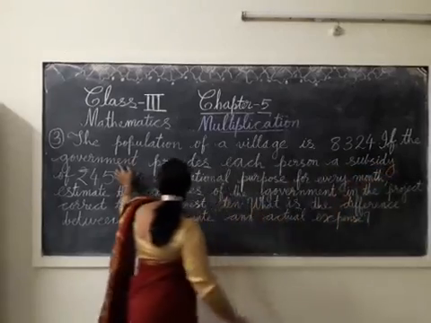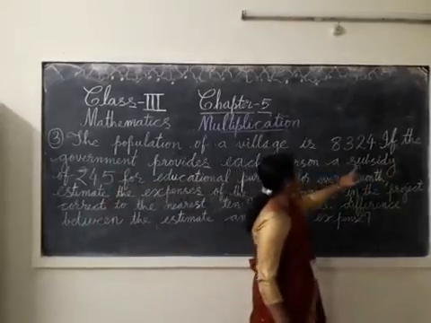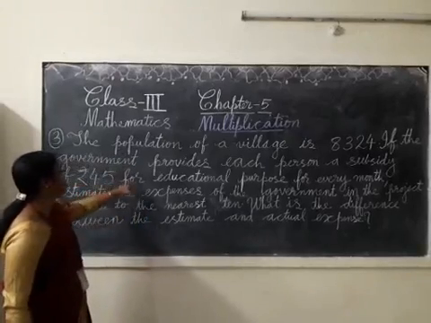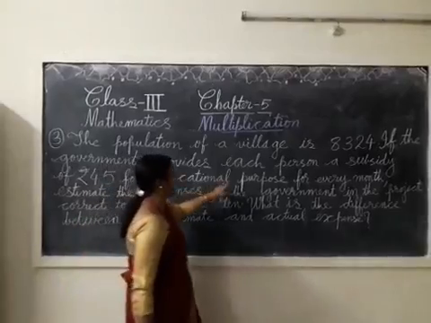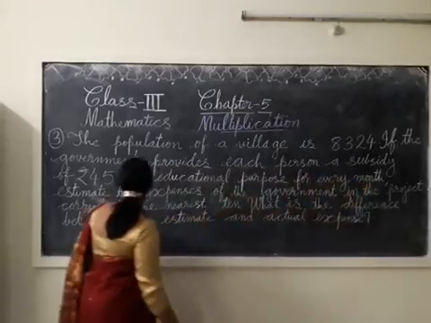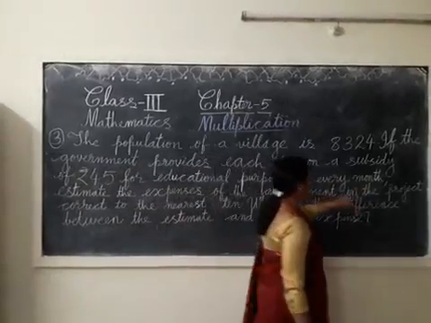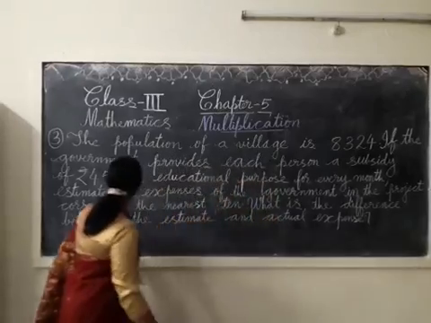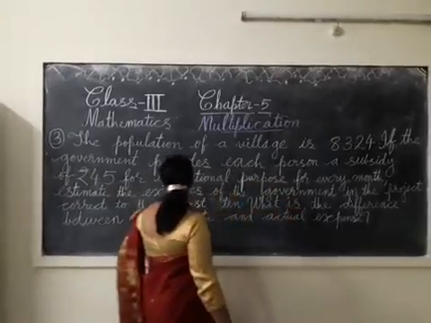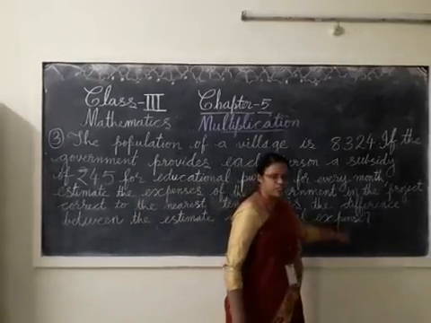If the government provides each person a subsidy of rupees 45 for educational purpose for every month, estimate the expenses of the government in the project correct to the nearest 10. What is the difference between the estimate and actual expense?